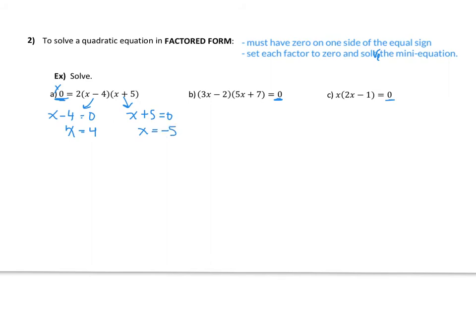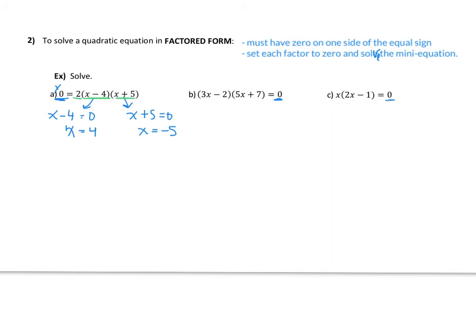Now let me back that up even further. Well, why is that true? Well, let's think about this here. We have to have a value of x that's going to make our equation true. So 2 times this thing, x take away 4, times this thing, x plus 5, has to equal 0.